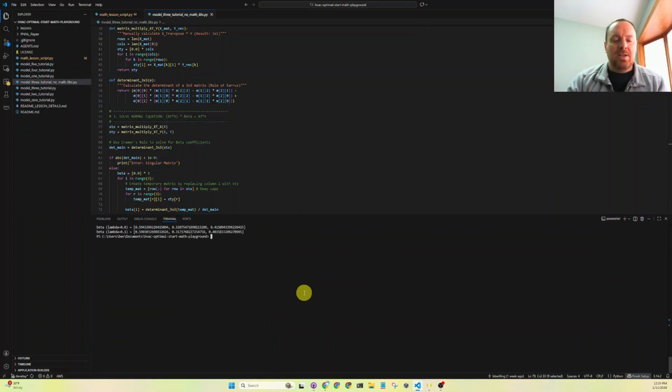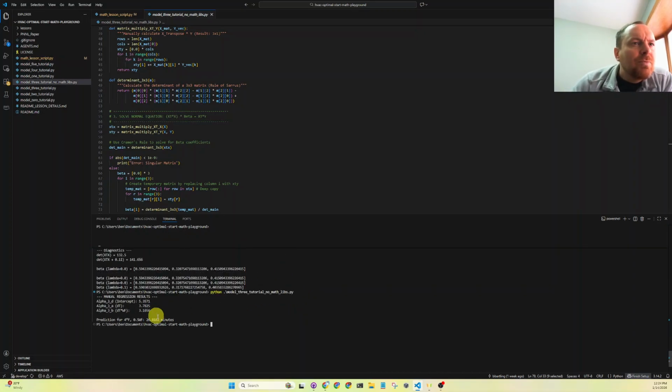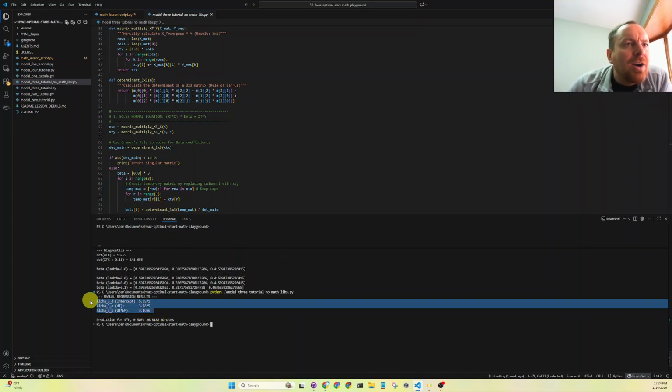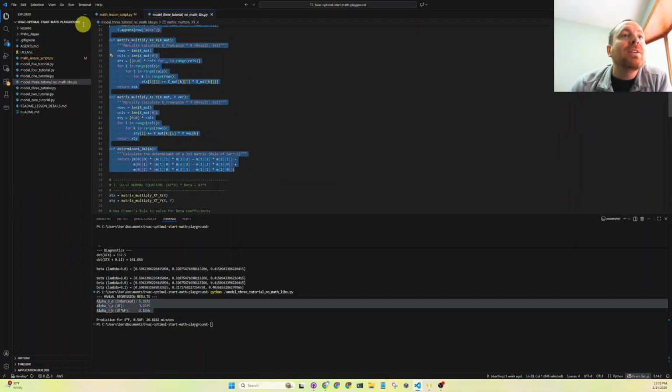So if we run Python Model 3 with the math libraries, this is how our multiple regression model gets fit. Pretty crazy, the math that we've been talking about all week.